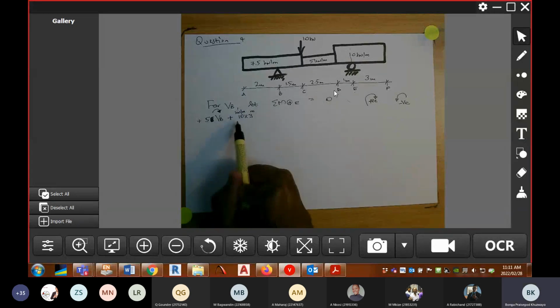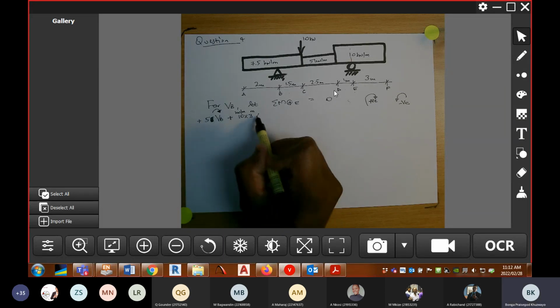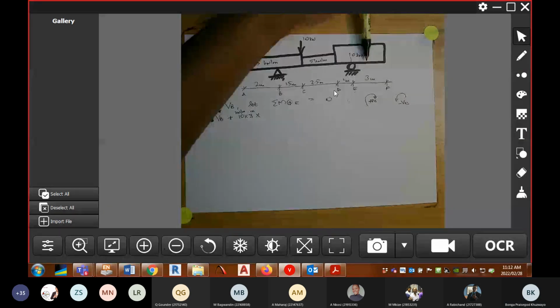This is now a force. 10 times 3 is a force. We need to get the moment as a result of that load. So that force of 30 kilonewton is acting somewhere here.